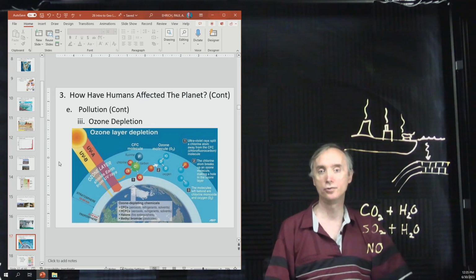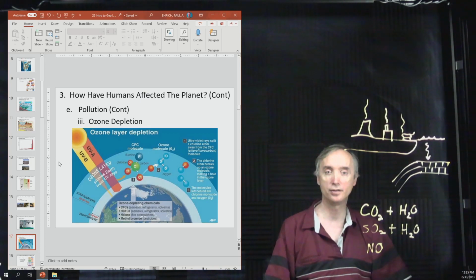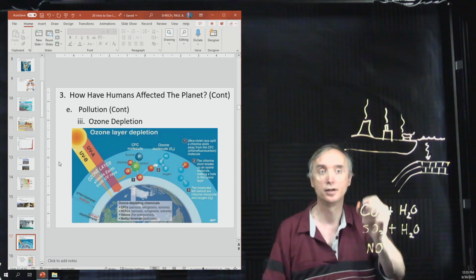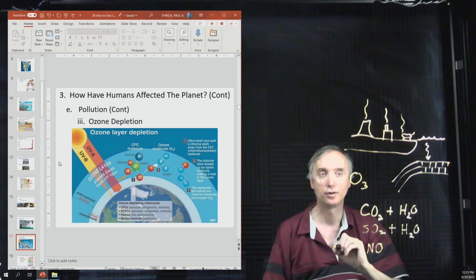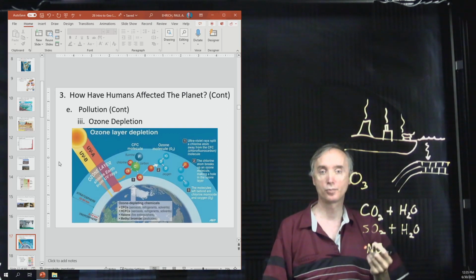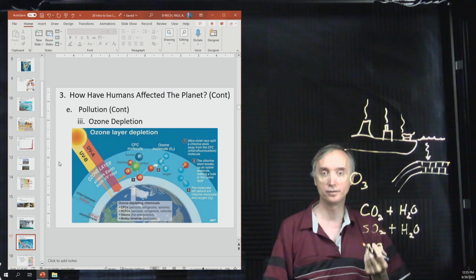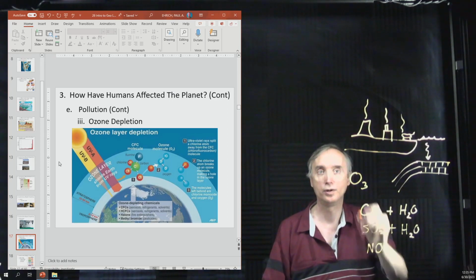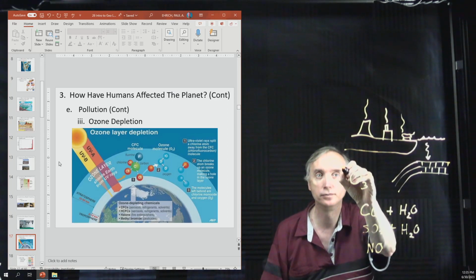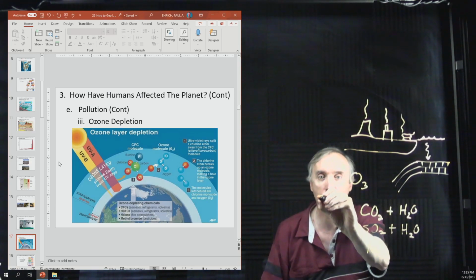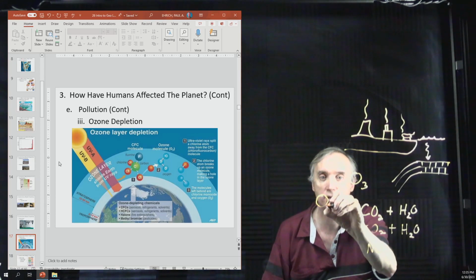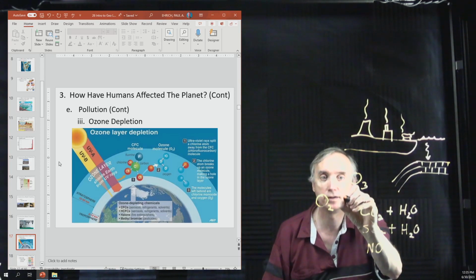Okay, then you have the ozone depletion. So in the stratosphere of the Earth is the ozone layer. And ozone is going to be O3. Okay, then what ozone protects us from is ultraviolet light. So when ultraviolet light comes in, it's going to split the ozone into regular oxygen, so the stuff that you breathe, and then also oxygen.